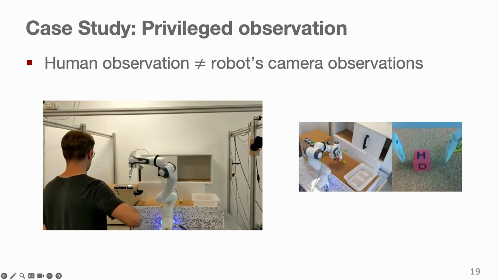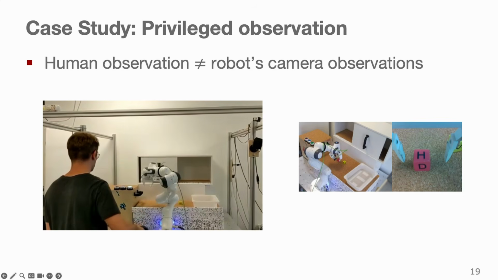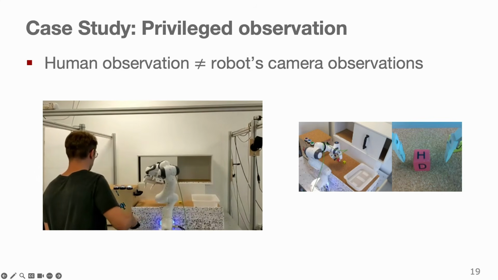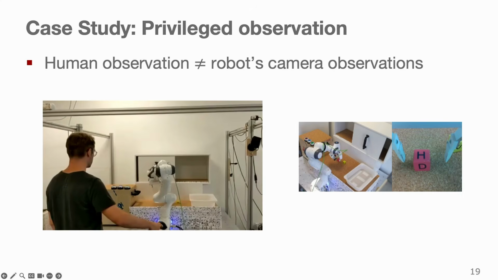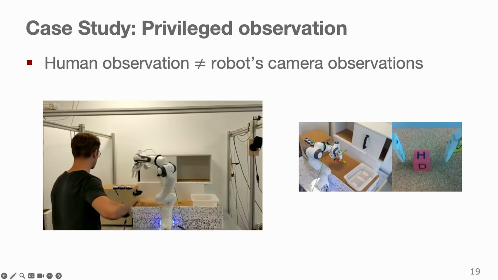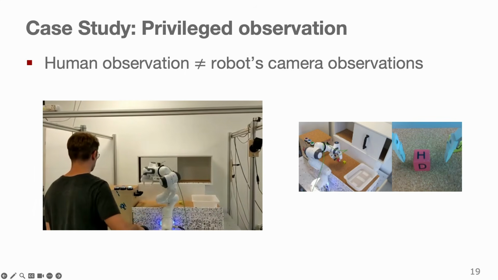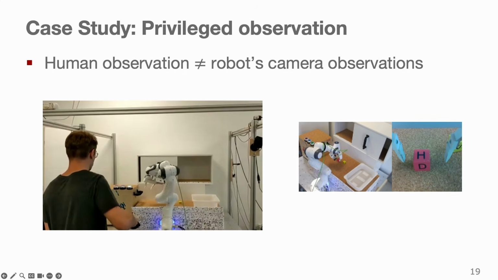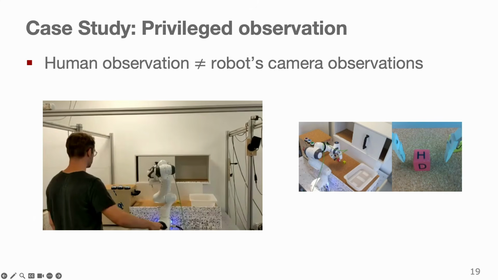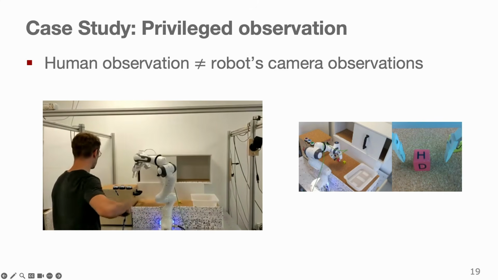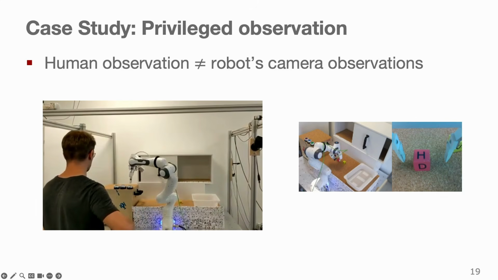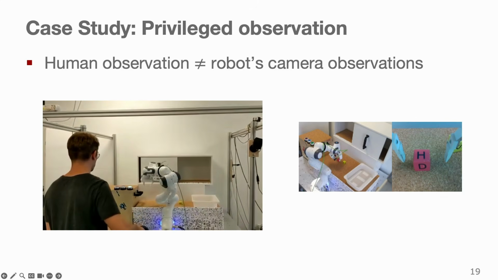Maybe another issue is that sometimes humans have privileged information. This is very clearly demonstrated when you teleoperate robots. Here you can see me teleoperating a robot during my PhD, and as you can see, I'm directly seeing what the robot is doing, right? But what the policy is actually seeing are these camera observations.